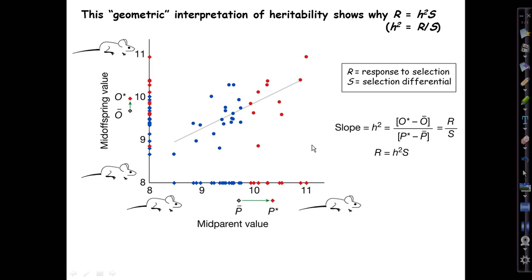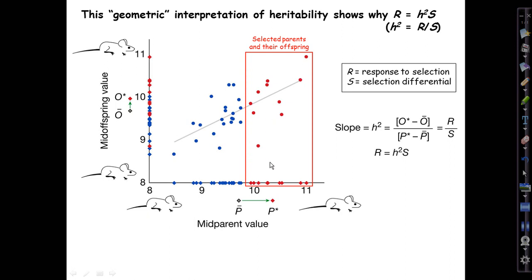squared. So what we first show with this diagram is that it makes clear why R equals h squared S, or if you like, little h squared is R over S, that is to say the response over the strength of selection, the selection differential, or if you like, the rise over the run.